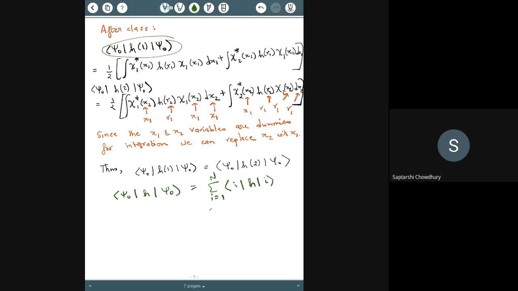So my problem is simplified. Instead of having to evaluate the wave function as a determinant, I can do it for individual functions and then simply sum it up. So basically, a product problem is converted to a sum problem. That simplifies things a lot. And we will continue from here with the next rule.